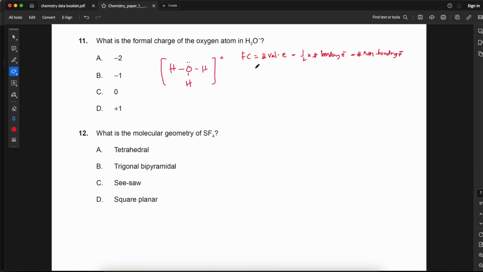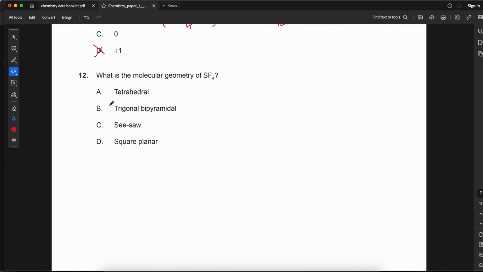So for oxygen, the valence electrons of oxygen is 6, and for bonding there are 3 bonds, so 6 electrons, and non-bonding there are 2 electrons here, so it will be +1.